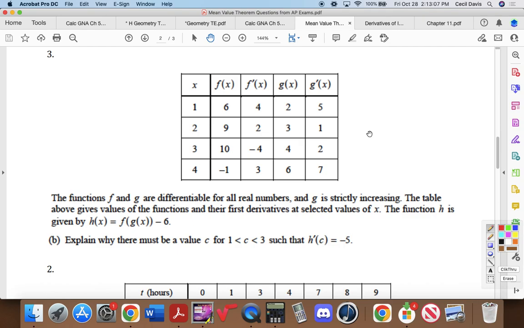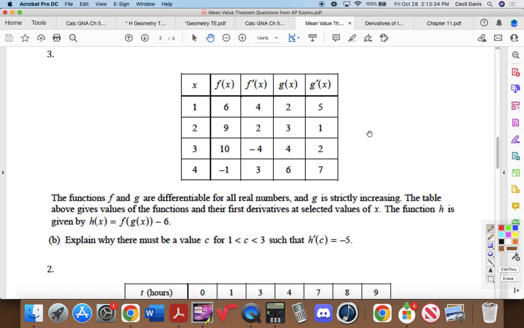The function h, and this is what made this question difficult. Suddenly now we're doing a composite function. H of x is equal to f of g of x minus 6. Explain why there must be a value c between 1 and 3 such that h prime of c is equal to -5.